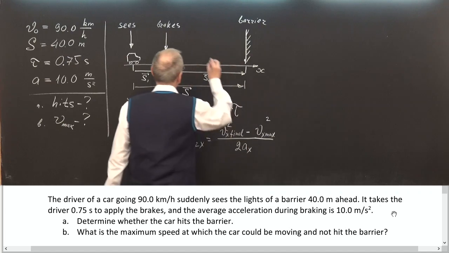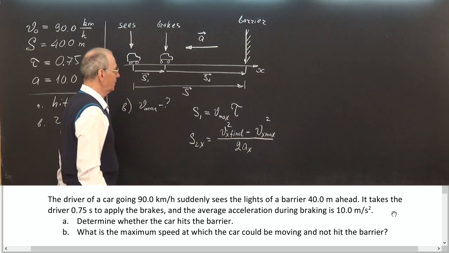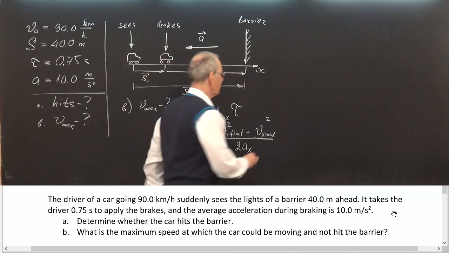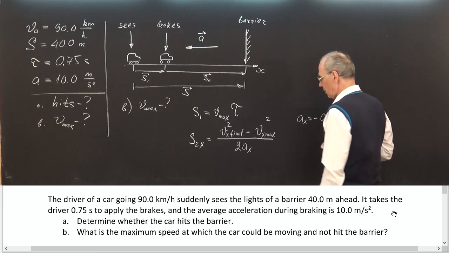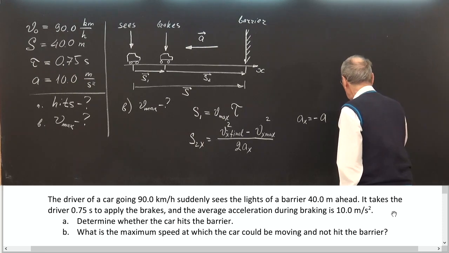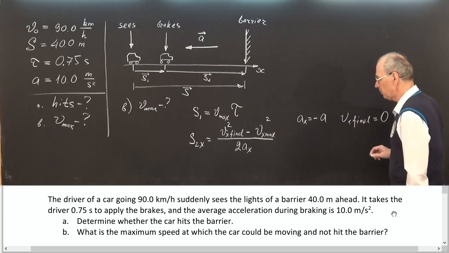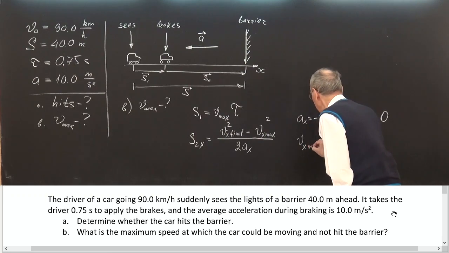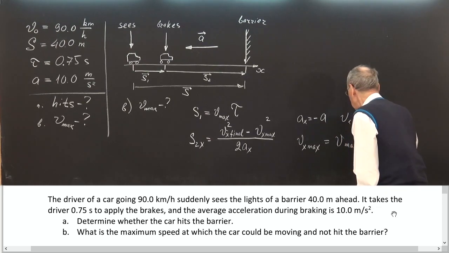A is the vector of acceleration; its x component is minus a. Final speed Vx final equals 0, and the x component of V maximum equals V maximum.